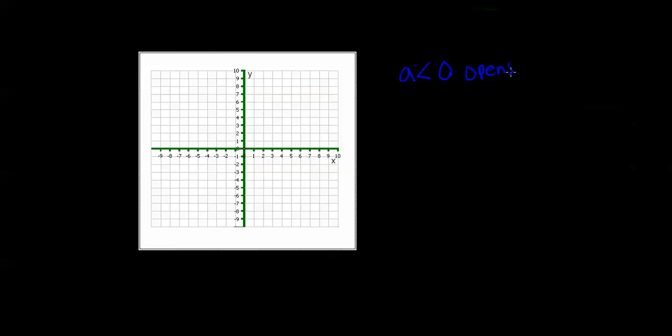So let's say our equation was y equals negative ax squared plus bx plus c. Our parabola would open downward. So now let's look at an example of what a downward opening parabola looks like.